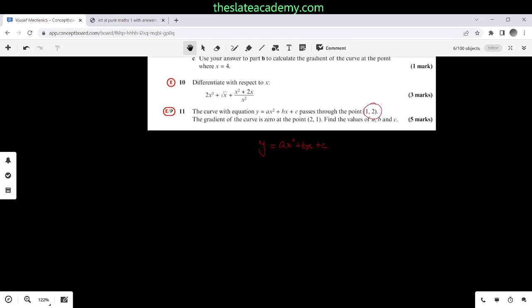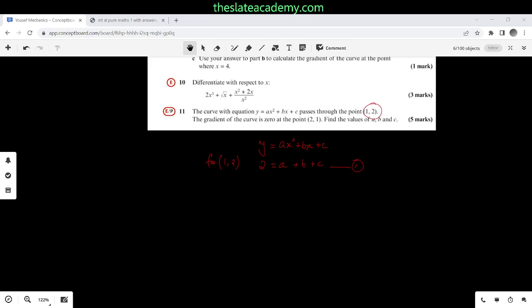So I can put that value of x and y here. 2 is equal to a into 1 squared, which is a, plus b into 1, which remains b, plus c. So a plus b plus c is equal to 2. That's my first equation. I call this equation 1.